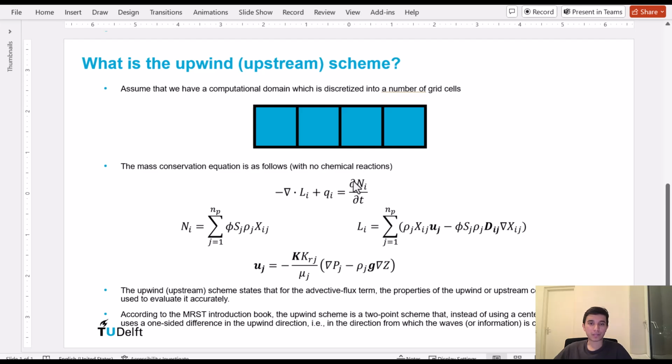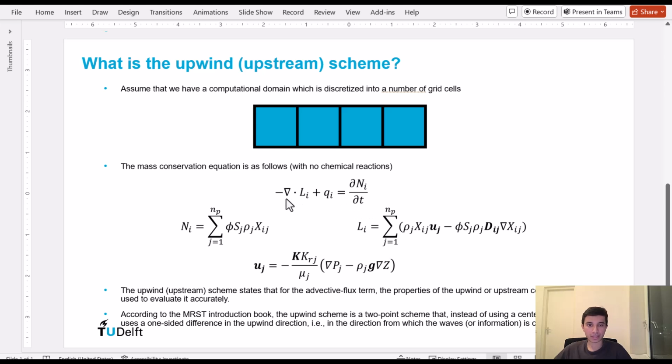And we assume that we have no chemical reactions. And as you see, there is no term in this equation accounting for the generation or consumption of components due to chemical reactions. So what we have here is only the component or the mass flux term, the component source or sink term, and the component accumulation term.